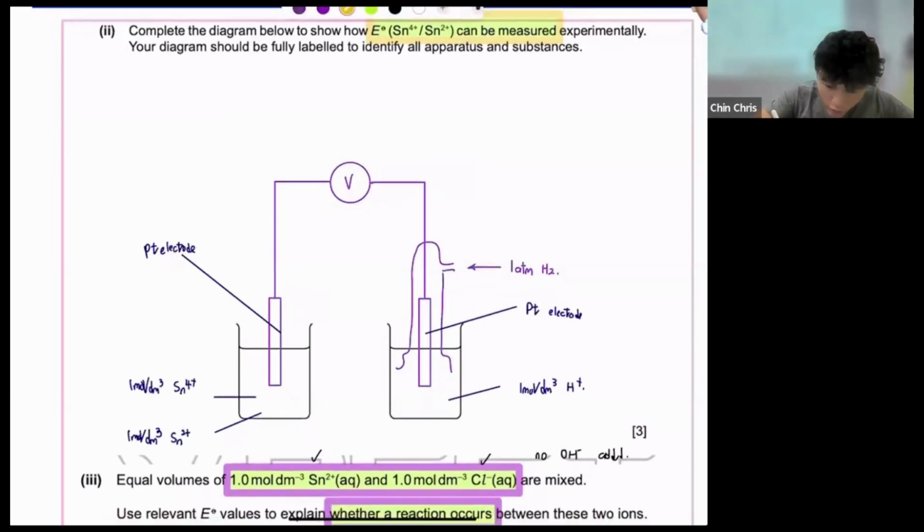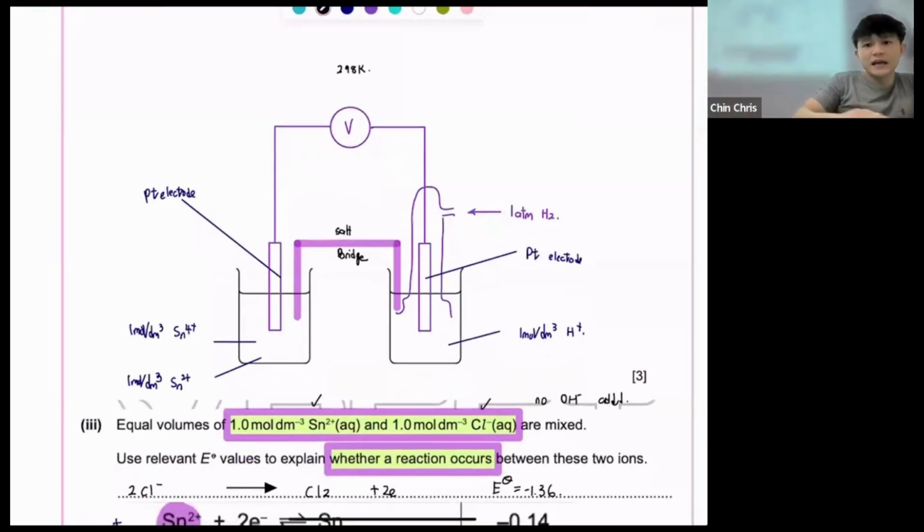Do not forget the salt bridge in the middle, because you are dealing with multiple oxidation states. You shouldn't use Sn, tin metal, because it's multiple oxidation states. Okay, salt bridge, 298 K. Done. That's how we get 3 marks.